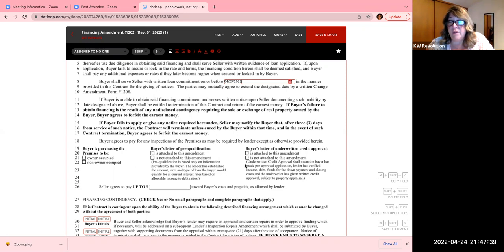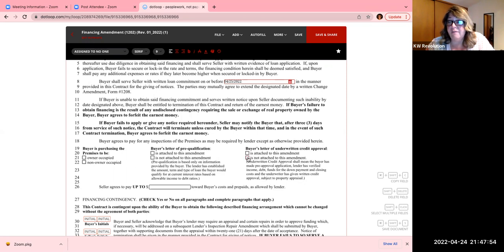qualify for this loan. An underwritten credit approval means that they have gone through the underwriting process. Just about the only time I've seen a buyer have this is if they have lost a house after going through the entire process.